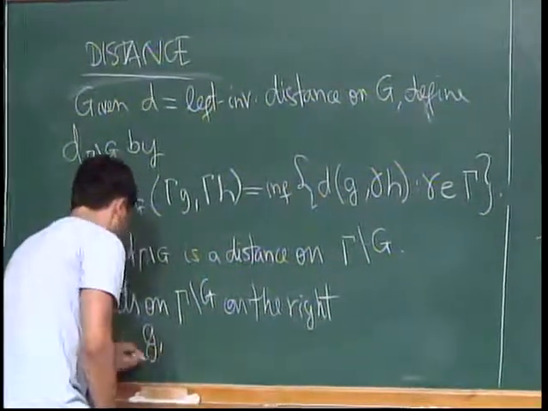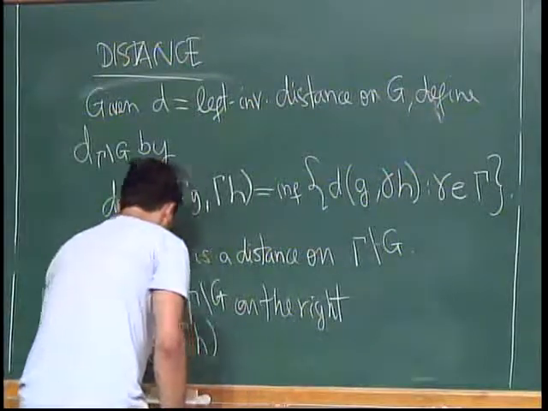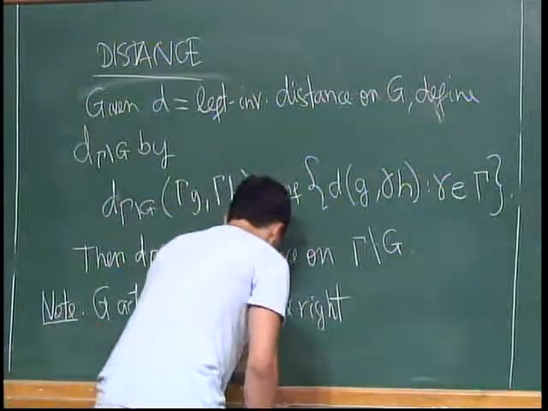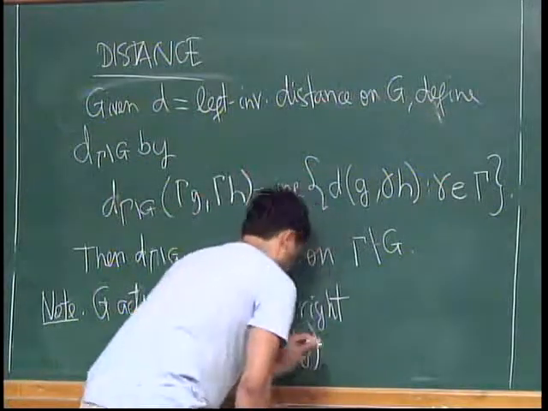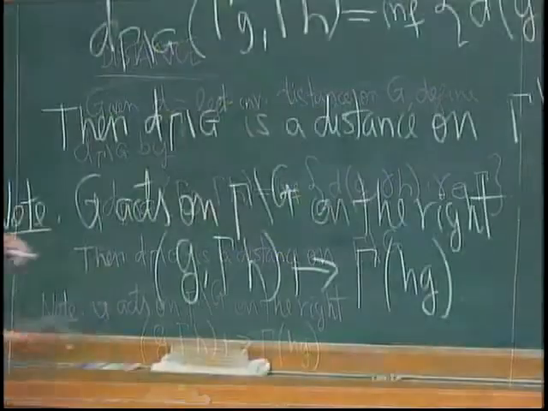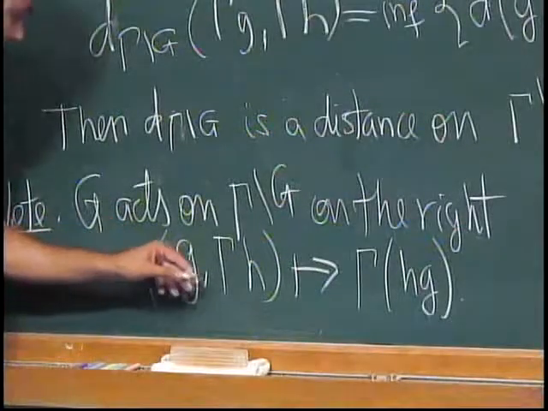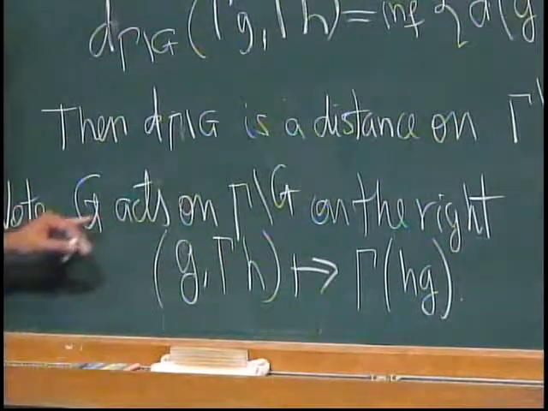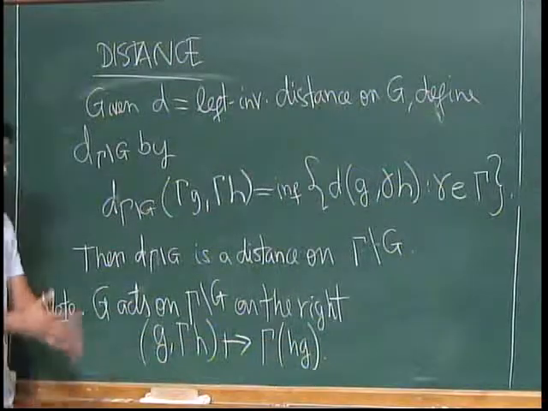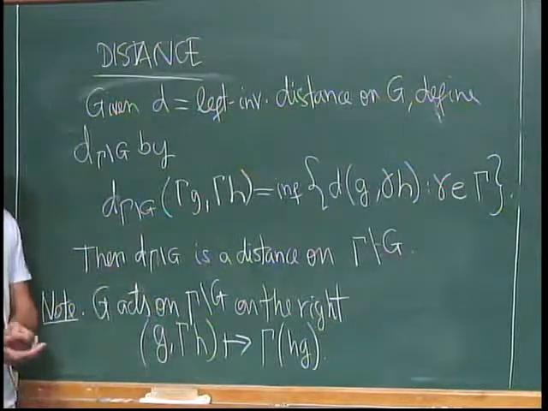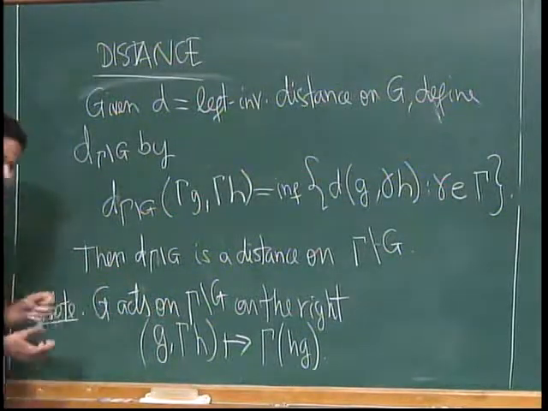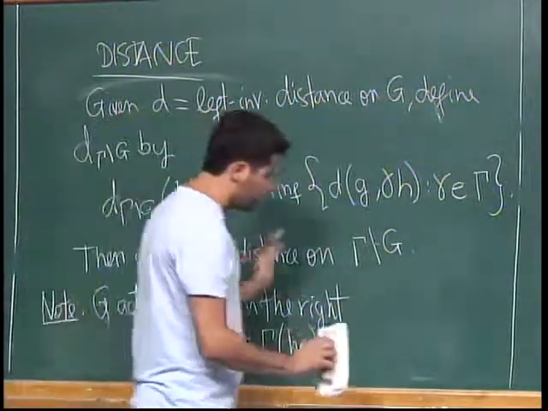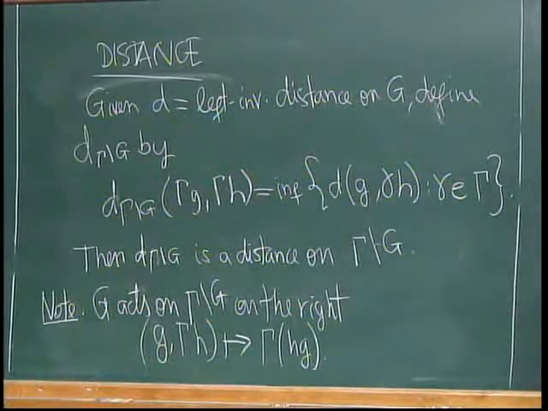I take an element of G and a coset, and I simply multiply by G on the right of H. It is easy to check that this is well defined on the coset, independent of the representative H. So we have a right action on this quotient. So for example, we could ask if this distance is right invariant with respect to the G action. It is not. It is just a distance. But at least we have a distance, which is well defined.